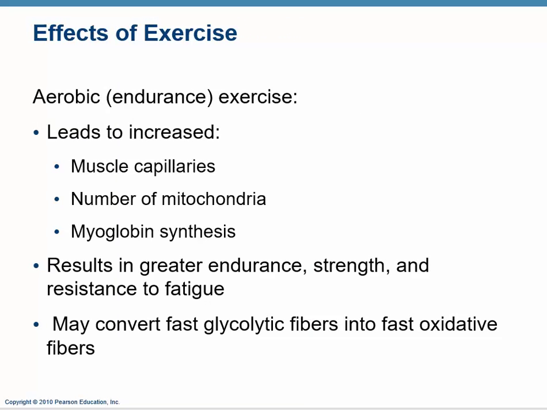So what happens when you exercise? If you exercise aerobically, you grow more capillaries. You increase the number of mitochondria. You make more myoglobin in the red fibers. You get greater endurance, greater resistance to fatigue.